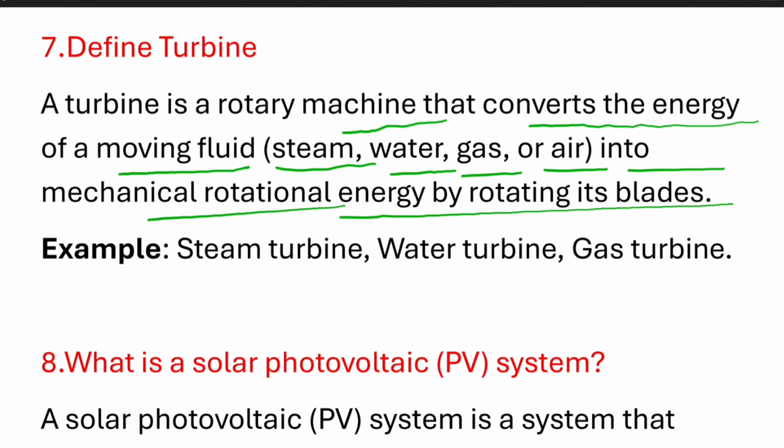You can give examples: steam turbine, water turbine, gas turbine. A turbine converts water energy into mechanical energy, which again is converted into electrical energy. This will be the definition.